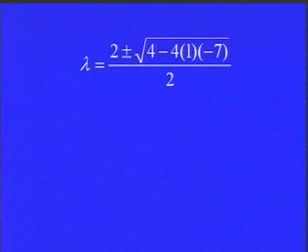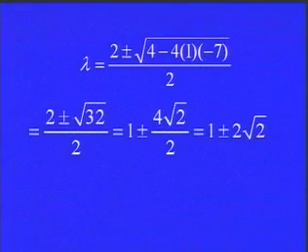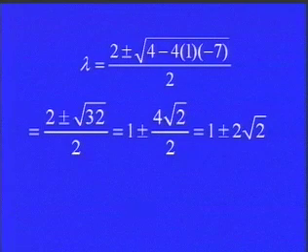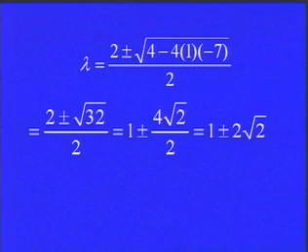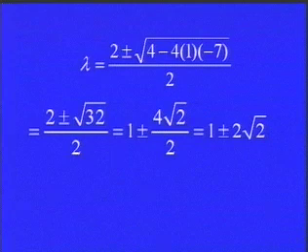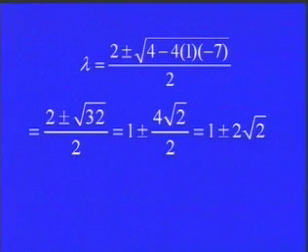All right, now 4 minus negative 28 is 4 plus 28, which is 32. So I have 2 plus or minus the square root of 32 over 2. And then obviously 2 over 2 is 1, but then I still have the 2 underneath the square root of 32.